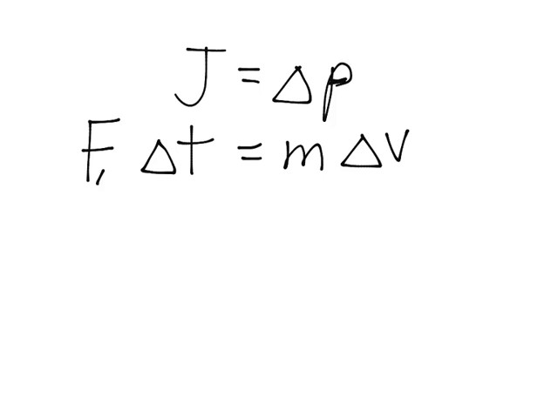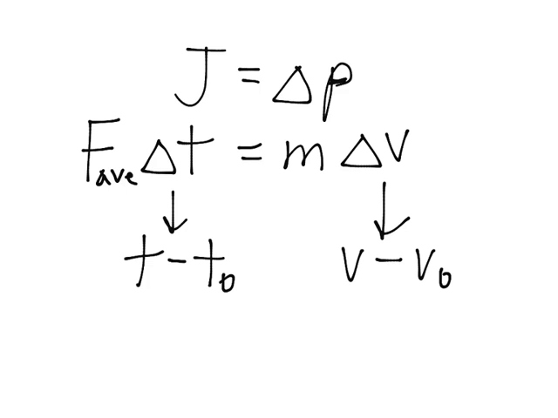And for force, we want the average force over the duration that it's applied. And so if you want, you can say delta T is equal to T minus T naught, and you could say delta V is equal to V minus V naught. And so this is how impulse relates to change in momentum.